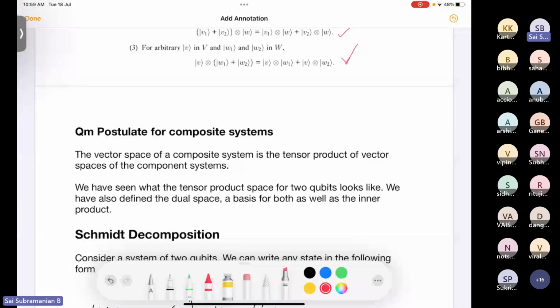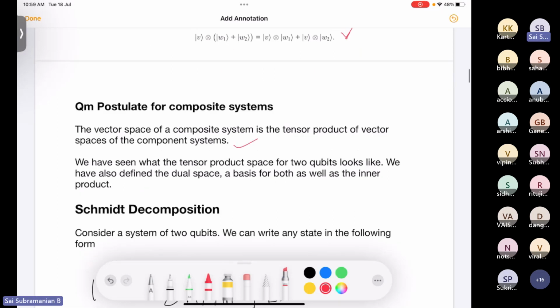So if you had 2 or 3 particles, each with their own vector space, you take the tensor product of all those vector spaces. That is our new vector space for the composite system for any general quantum system, not only qubits. We have seen what the tensor product space of 2 qubits looks like. We've defined the dual space, basis, and the inner product, so we have all the tools we need to understand 2 qubit systems in general.